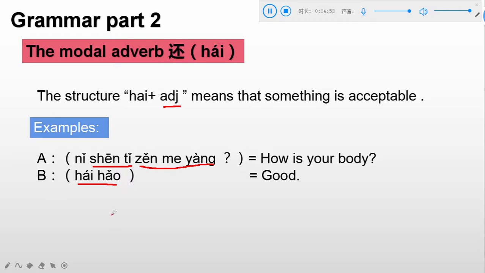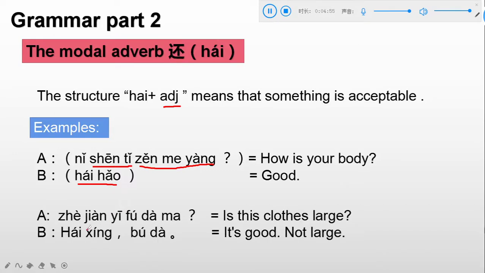Now example 2. 这件衣服大吗? 这 is this. 件 is a measure word for clothes. 衣服 is clothes. 大 is big. 吗 makes it a question. So, is this piece of clothing big?